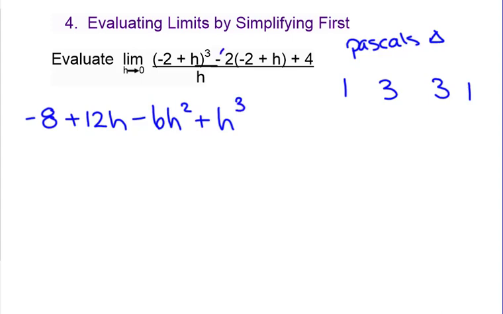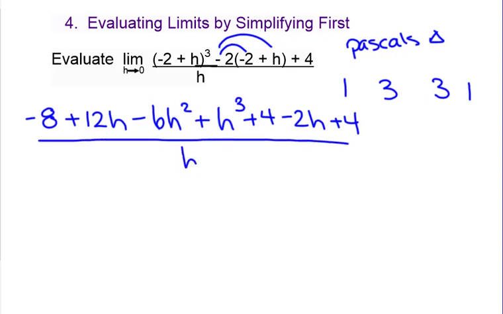This would be, if we use our distributive property, plus 4 minus 2h plus 4 all over h. Whew. So if we combine our like terms, we've got h cubed, so that gets rid of that one, minus 6h squared, that gets rid of that one. 12h minus 2h is plus 10h. 4 plus 4 is 8, subtract 8 is 0.